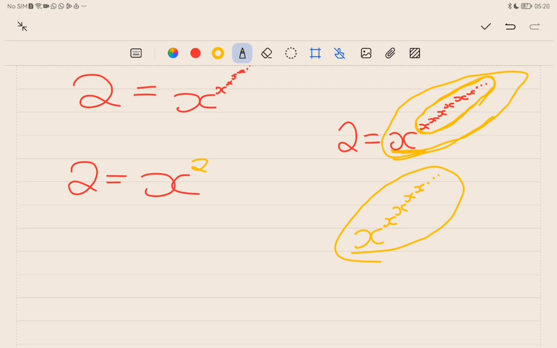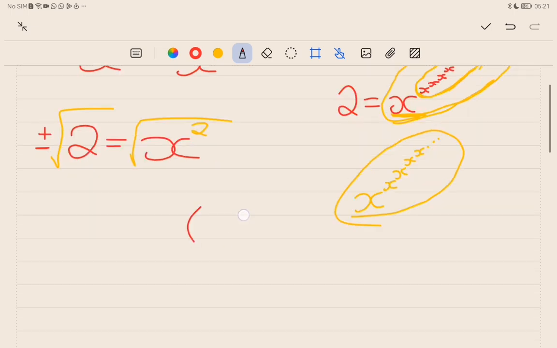There are many ways, but we will just use the square root method. You apply the square root on both sides in order to remove the square, since we want to solve for x, not x squared. You must know that whenever you apply a square root, we get plus or minus, because anything that is squared is positive.